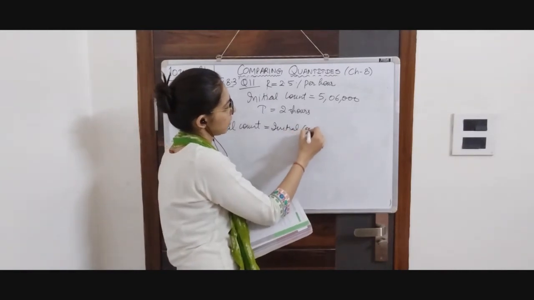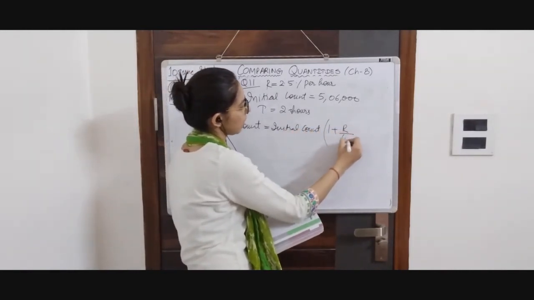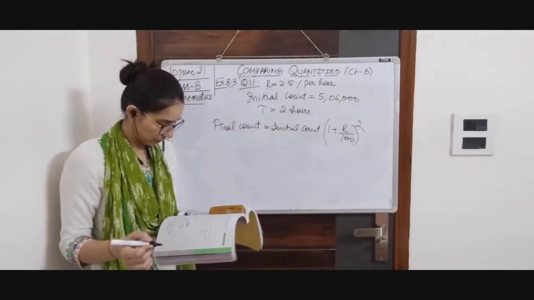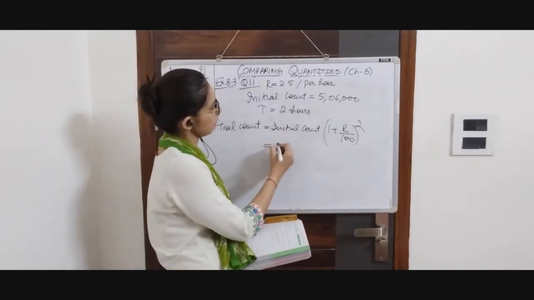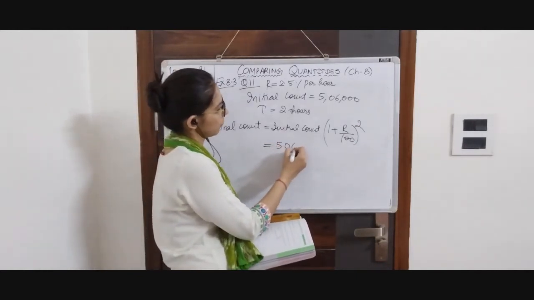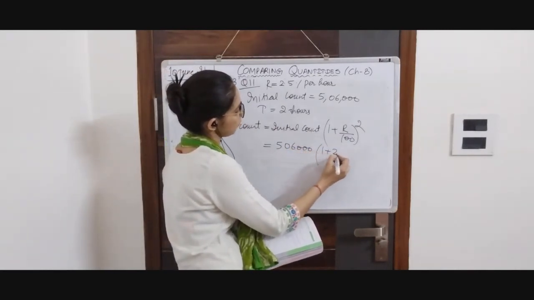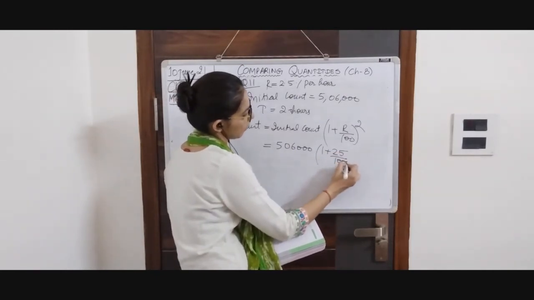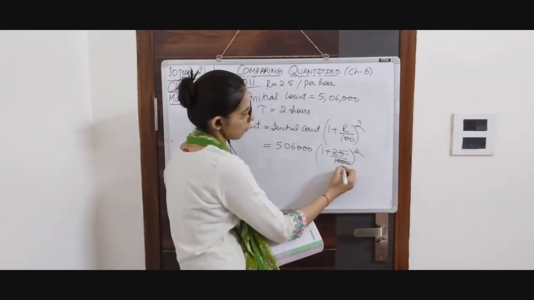So we can write final count will be initial count into 1 plus R by 100 to the power T. We are using the formula for compound interest. It will be 506,000 into 1 plus 2.5. 2.5 means 25 by 10, so it will be 25 by 1000 to the power 2. 25 fours are 1000, so 25 by 1000 is 1 by 40.